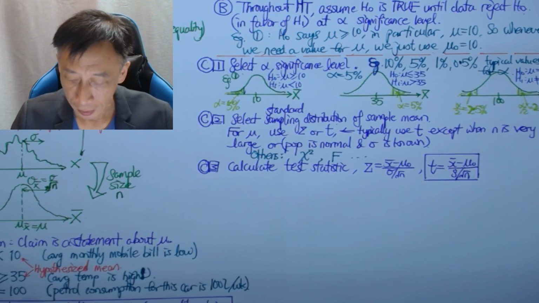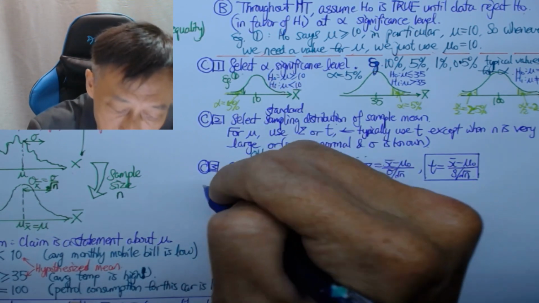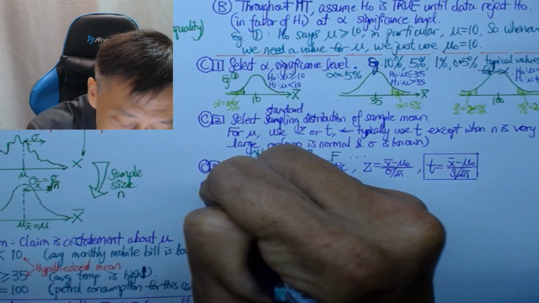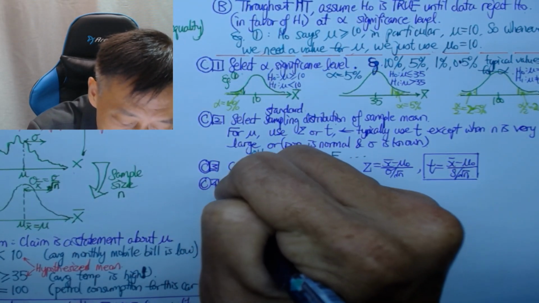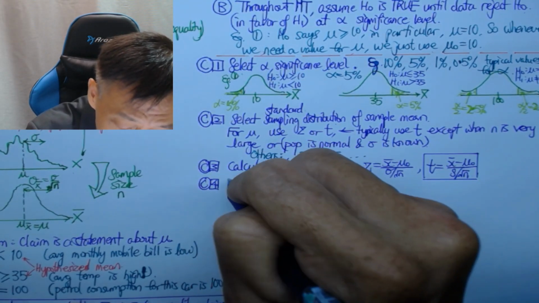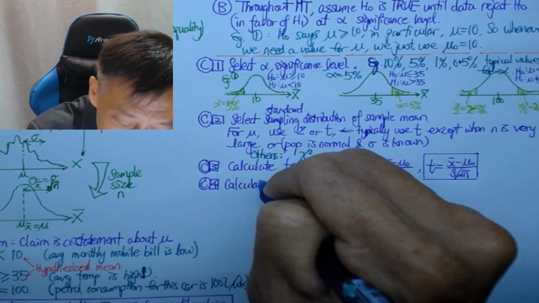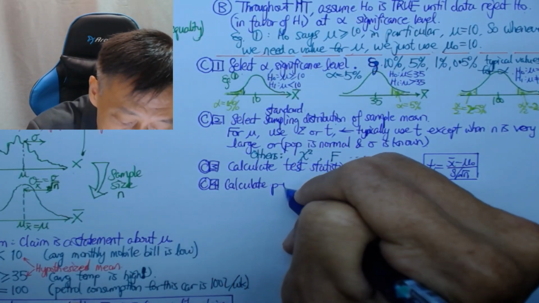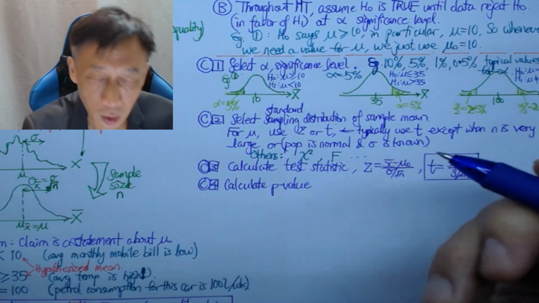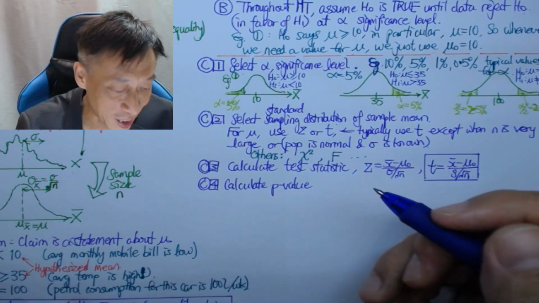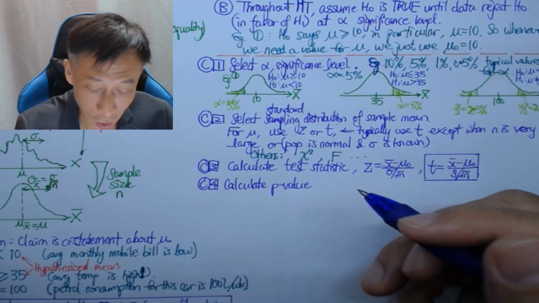Okay, and then we have our next part. Once we have the test statistic, we can calculate the p-value. P-value is a very core idea because you see it being used a lot.